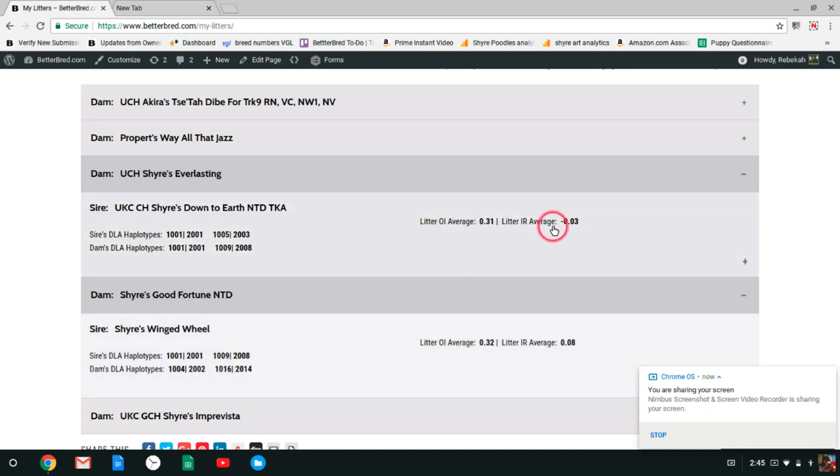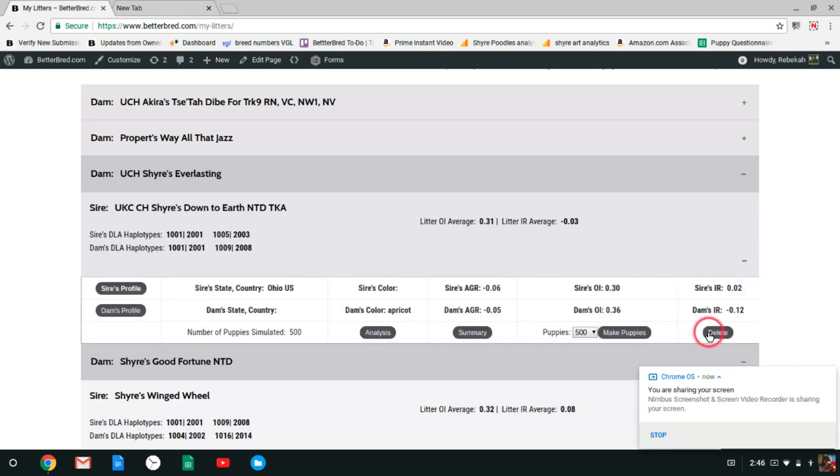However, if we look at the averages, the litter average here would be 0.31, so about the same as this litter, which is 0.32. But the average IR for this breeding with Puka, Shire's Good Fortune, and Gordy, Shire's Winged Wheel, the average IR is 0.08, which is really high, and I would not feel comfortable with a litter average that high unless I had to. Versus this one, my litter average IR is well below 0, which is what we recommend.